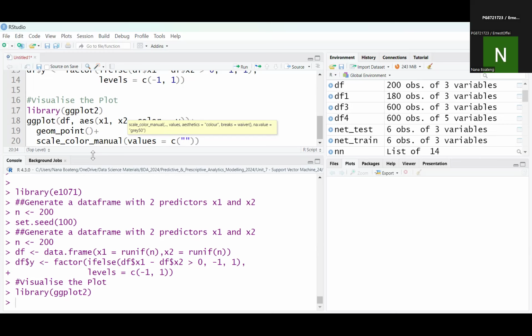The points that are -1, let's assign to red, and then 1, let's assign to blue.